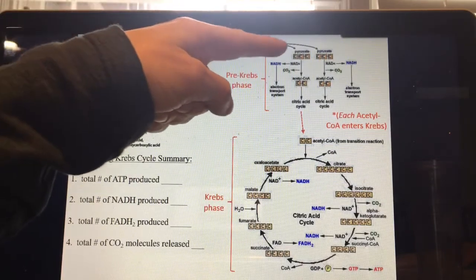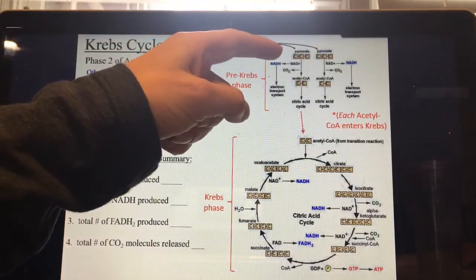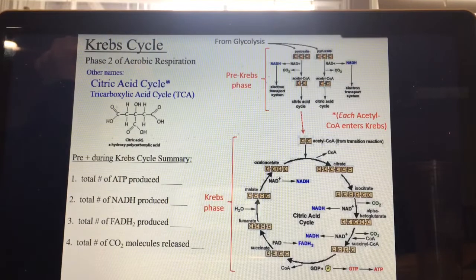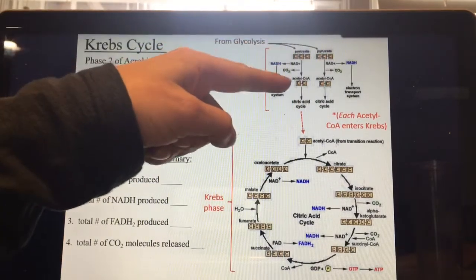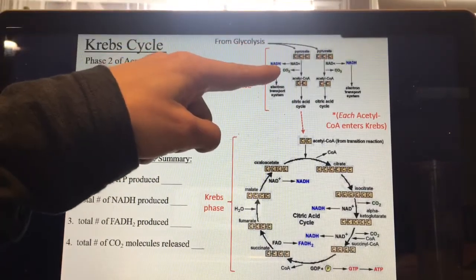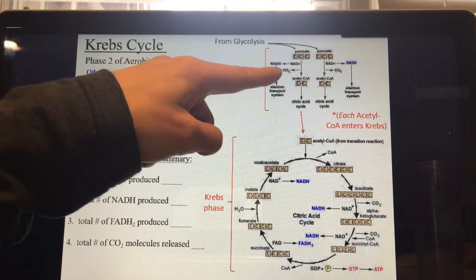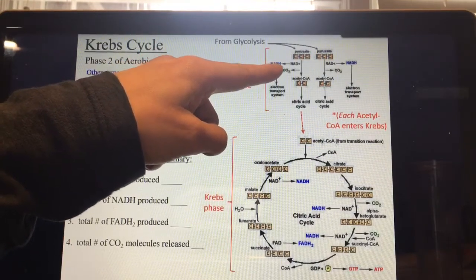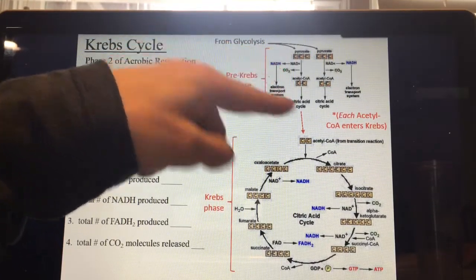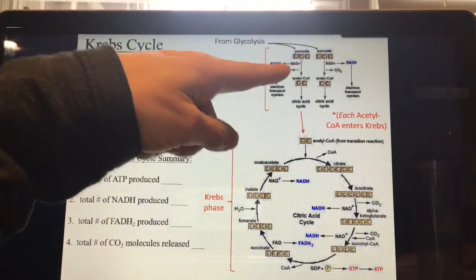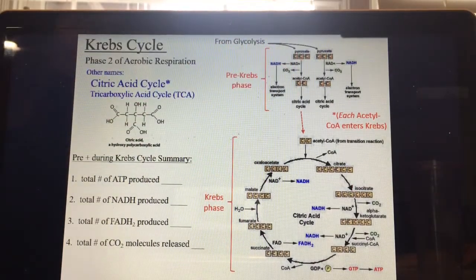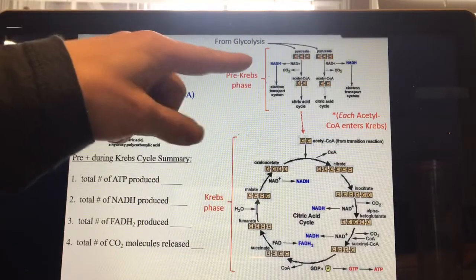So we start off with pyruvate, and it is converted into a 2-carbon molecule called acetyl-CoA. It's an acetyl group with a coenzyme A attached to it. And in between that step, we lose a carbon and hydrogen. And in fact, carboxyl groups are removed, which is why every time in this cycle, you'll notice everywhere where a carbon dioxide is produced, NADH is also produced.